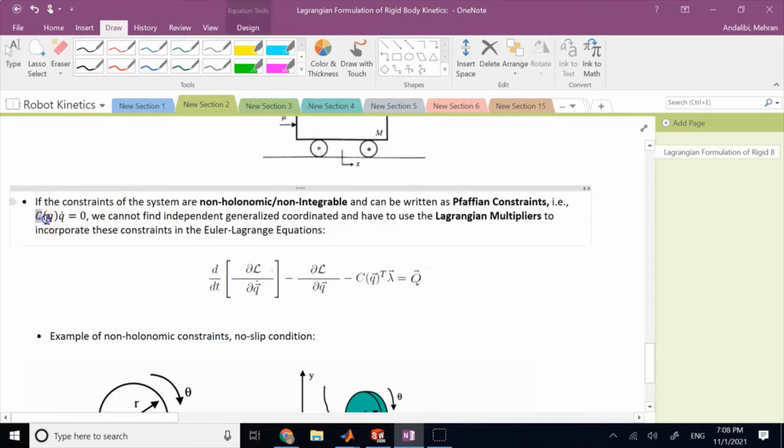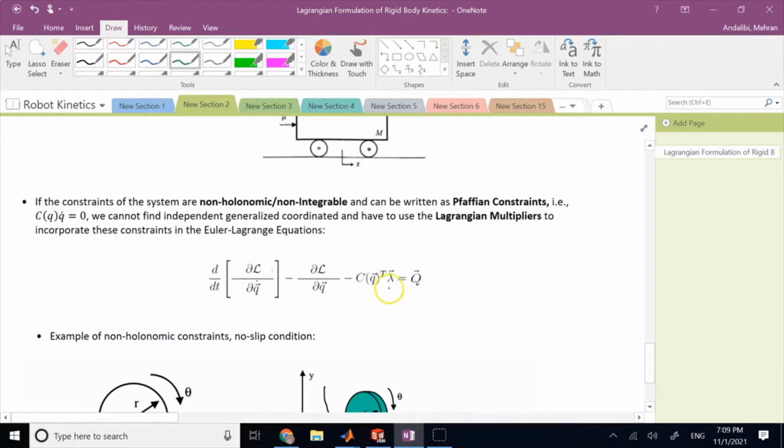Okay, so a matrix of Q's times Q dots, if I can write it to be equal to 0, which we call a Pfaffian constraint, then all I need to do to incorporate those redundant Q's and constraints into my Euler-Lagrange equation is to add one extra term here, which is negative of that same C matrix, the transpose of it, times some unknown parameters.